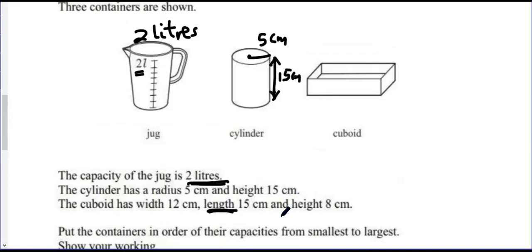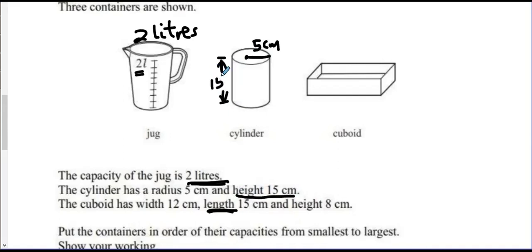Can you see that? Oh, it has a length of 15 centimeters and height of 8 centimeters. Oh, sorry for that. So a cylinder has a radius of 5 centimeters and a height of 15 centimeters. Okay, so I was reading something else.